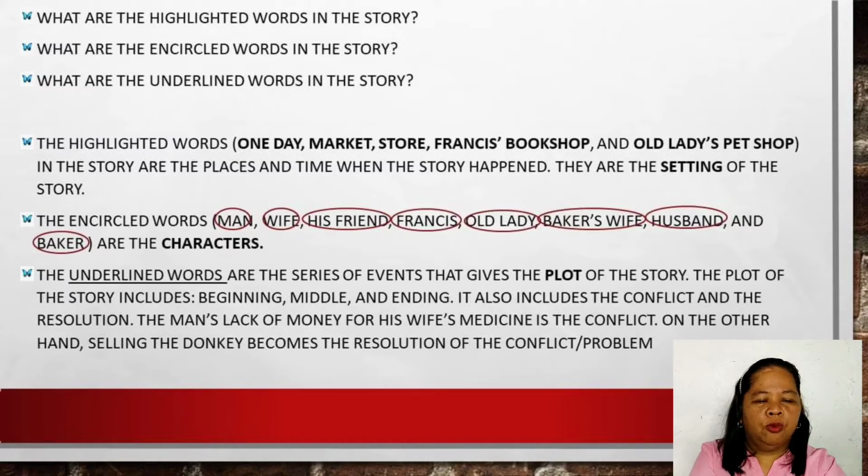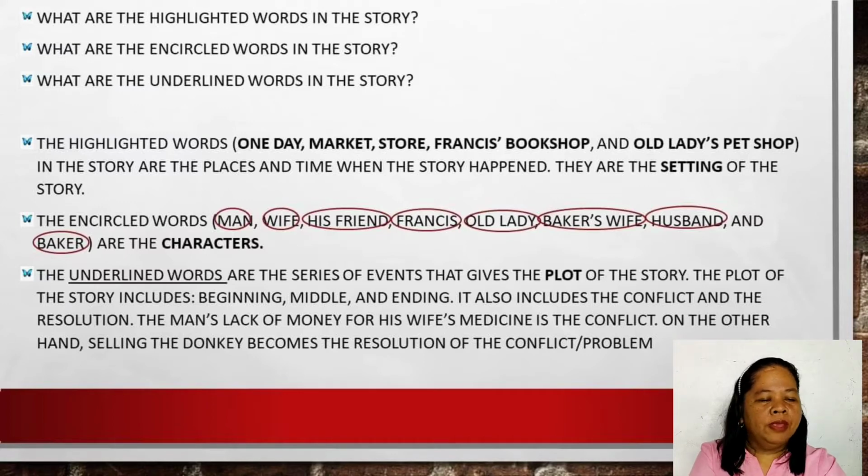The encircled words are the following: man, wife, his friend, Francis, old lady, baker's wife, husband, and baker. Those are the characters. The underlined words are the series of events that gives the plot of the story.